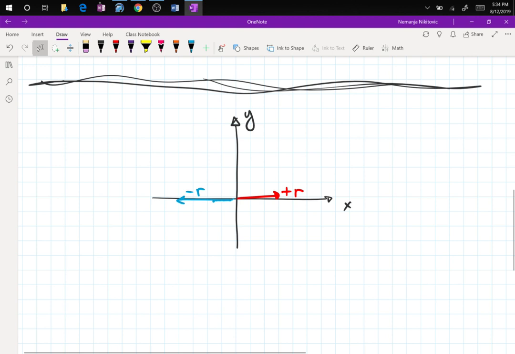If you have a negative r, the negative x-axis. This way for positive angles, and this way for negative angles. So all of the stuff you learned before, you know on the number line that positive numbers go to the right and negative numbers to the left. And you also know from the basic trig course that positive angles in the unit circle go up and the negative angles go down.